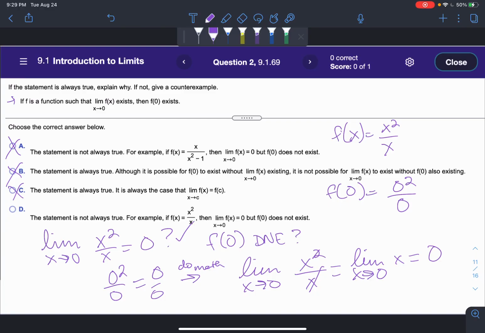So x cannot be 0, because if it was 0, we'd be dividing by 0. So then our domain is negative infinity to 0 and 0 to infinity. So it doesn't include 0. So that means that the function can't exist at 0. And so that is why D is true.